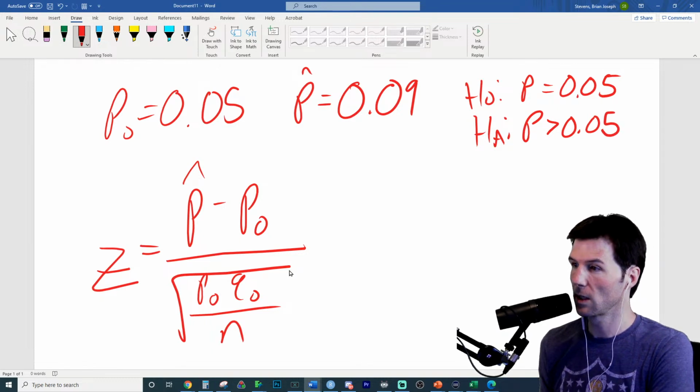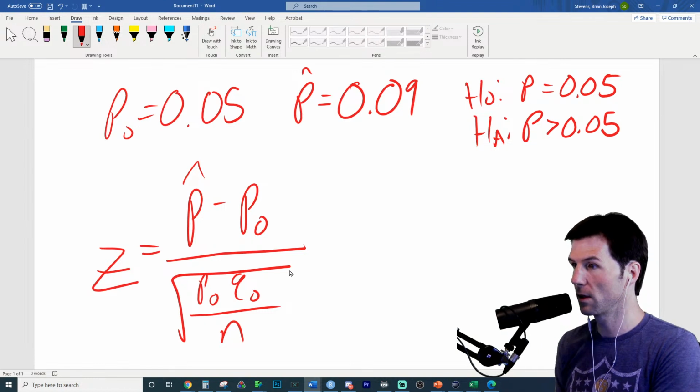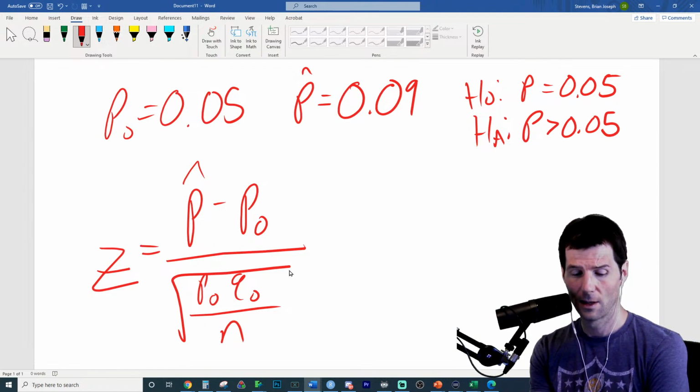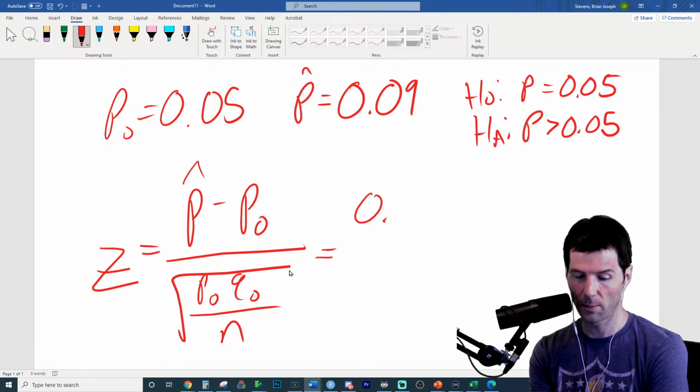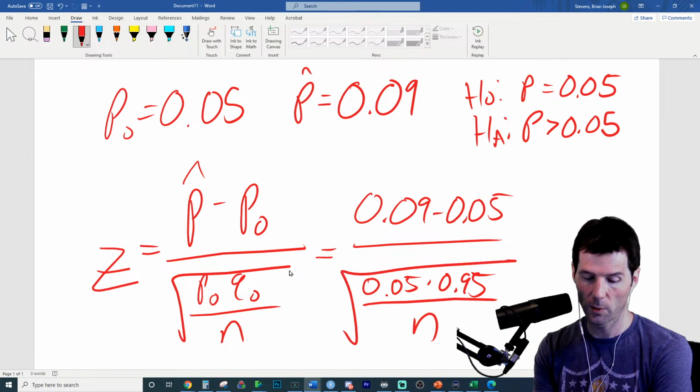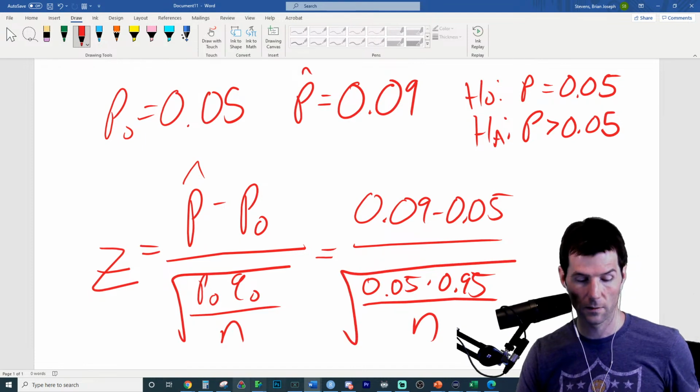When we do this, because we just rejected the null, the z-score is going to be very large. Sorry, I've got like 3-4 minutes. So let's go ahead and solve this. And we have our sample proportion right here, minus P naught, over the square root of P naught times Q naught over N. Let's go solve this.